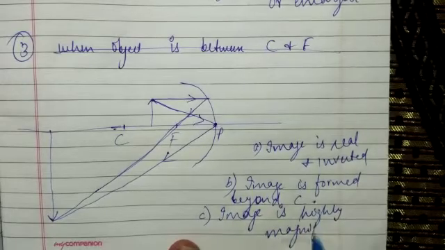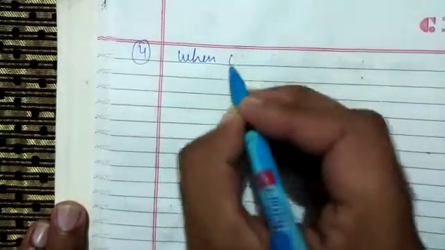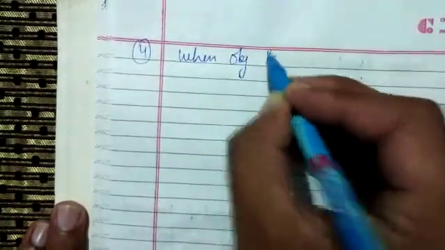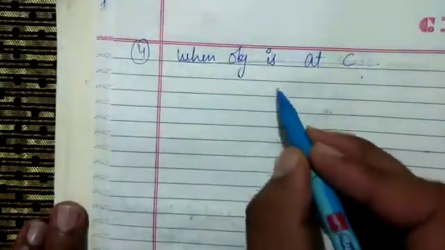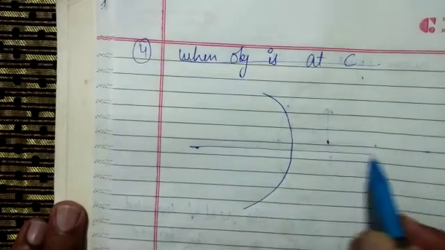So, without wasting time, let's move on to the fourth one. The fourth one is when the object is at capital C, that is the center of curvature. This is a very important case.